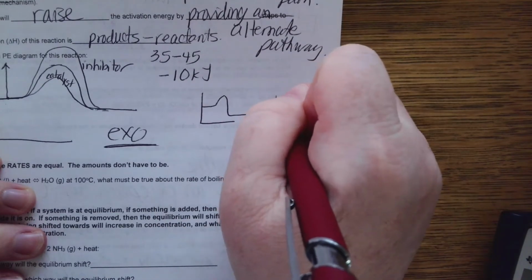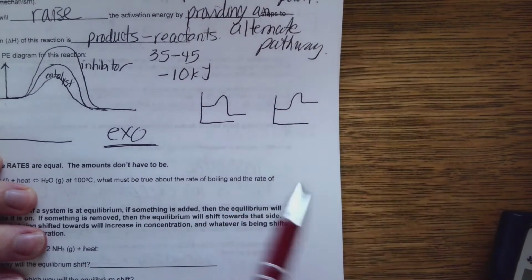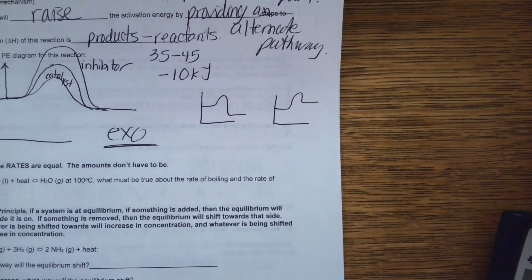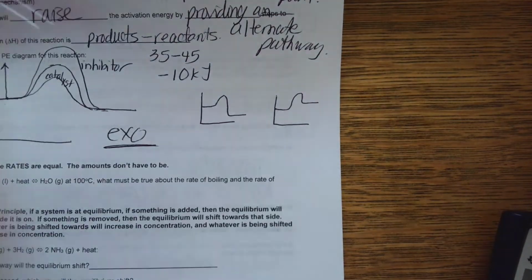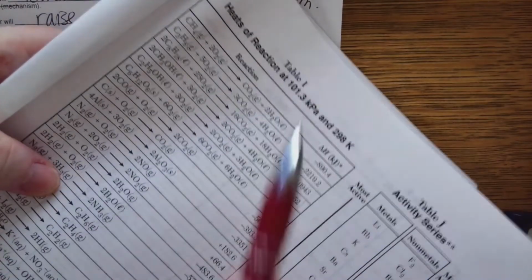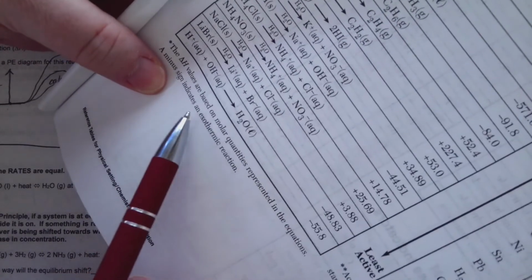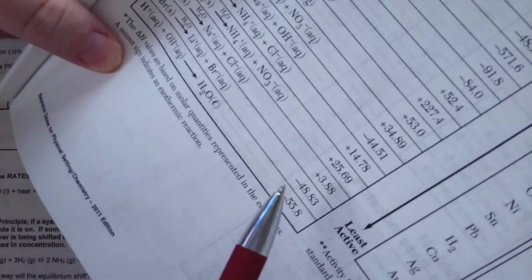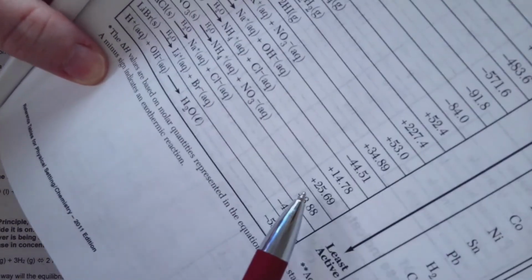Endothermic reactions look like this. We can find out if a reaction is exothermic or endothermic by looking at Table I, because at the bottom it tells us a minus sign indicates exothermic. So everything that's minus is exo, positive is endothermic. Okay?